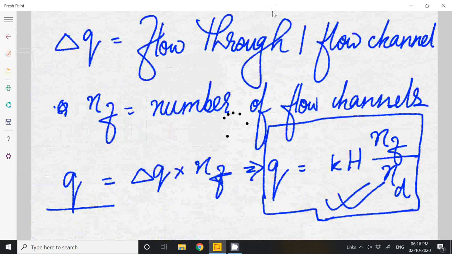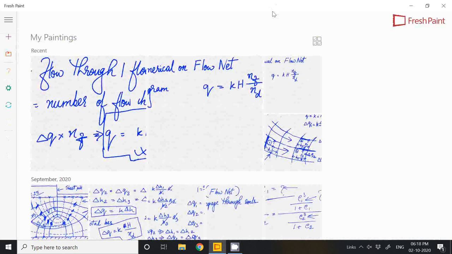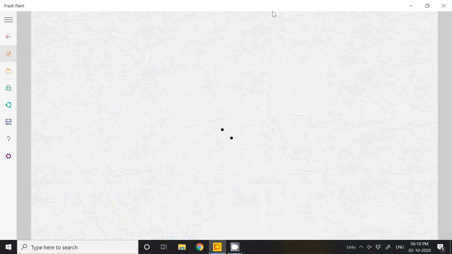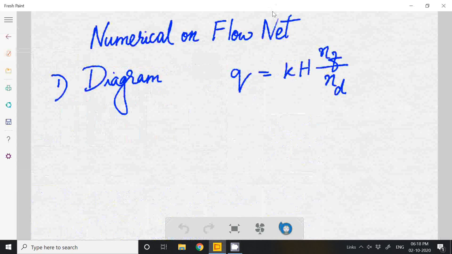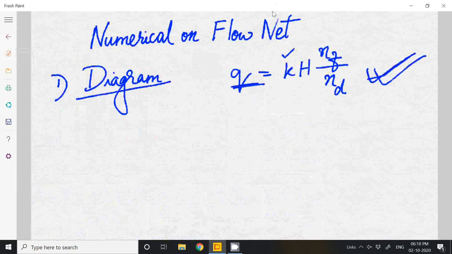So finally we have to end up getting the final discharge. Generally the flow net problem is about calculating the final discharge. So first one will be that the diagram will be given and you have to find out q using K H Nf by Nd, and K will be given to us.